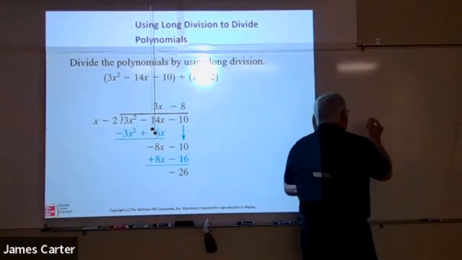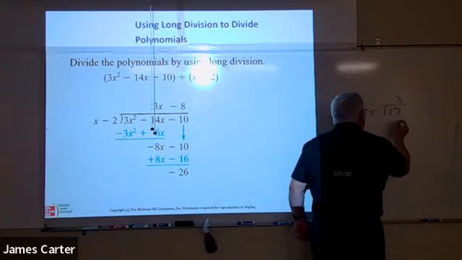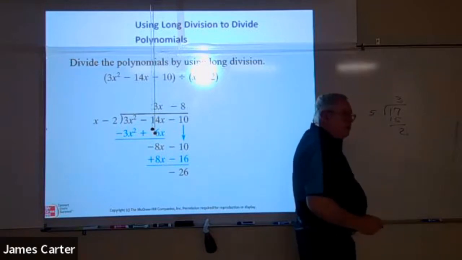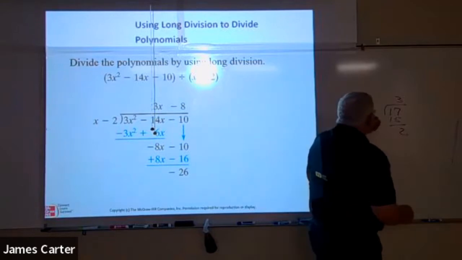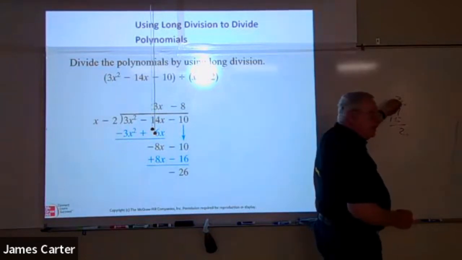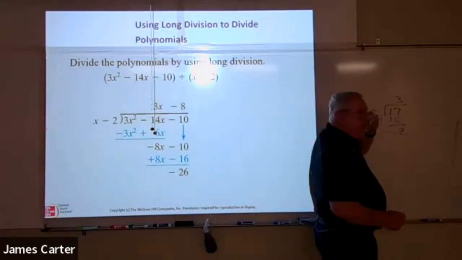Now, how did you check long division in grade school? Well, let's go back to my old example of 5 into 17 goes 3 times, 15, with 2 remainder. If we were asked to check this, then we would take this times that and add the remainder to check it. And it better all add up to 17.